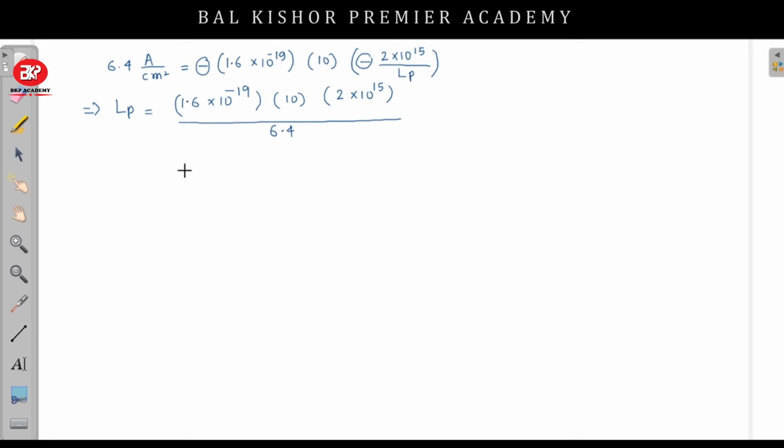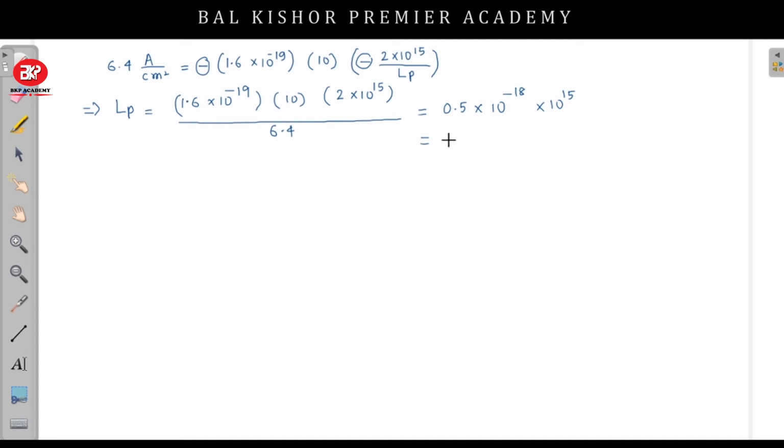Now if I calculate this, then I will get 0.5 into 10 to the power minus 18. So here 19 and here minus 19, here 1, so minus 18 into 10 to the power 15.